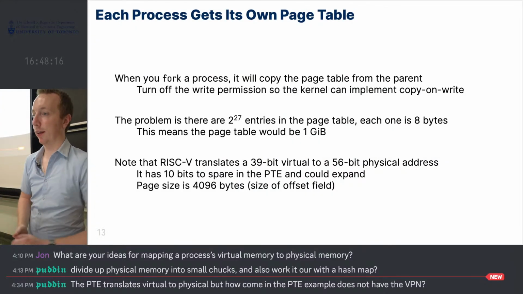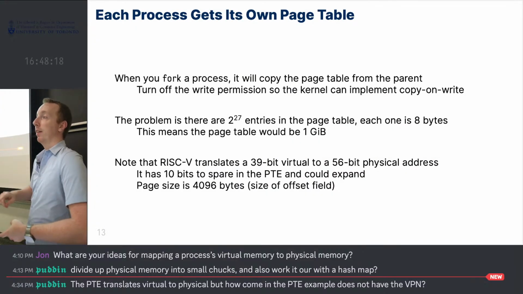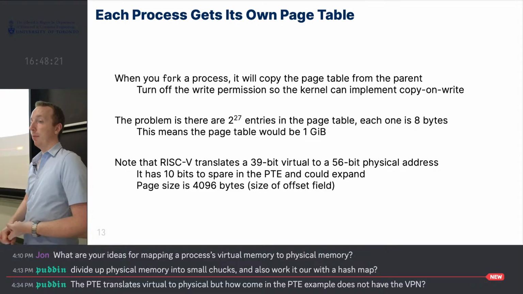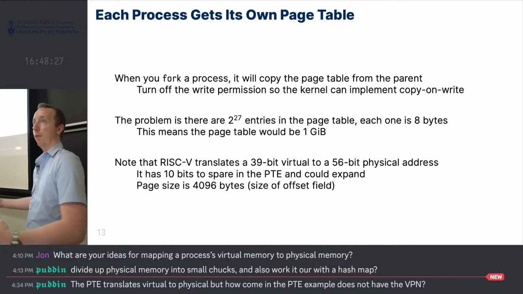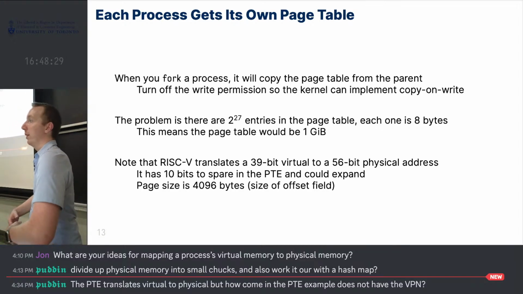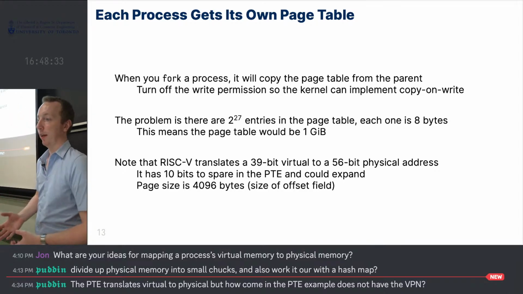Some other fun things. Each process, like I said before, gets its own page table. So what happens when you fork? It will copy the page table from the parent. Part of being an exact clone of each other means it will copy the page table, and all their virtual memory will be the same.